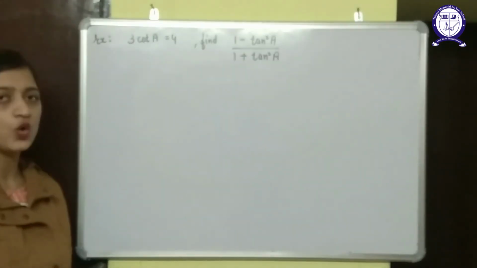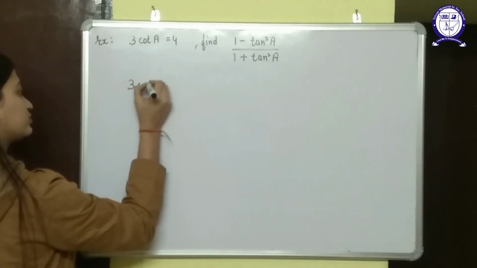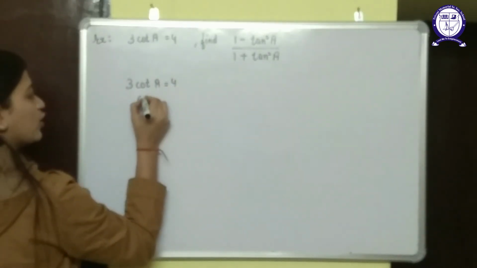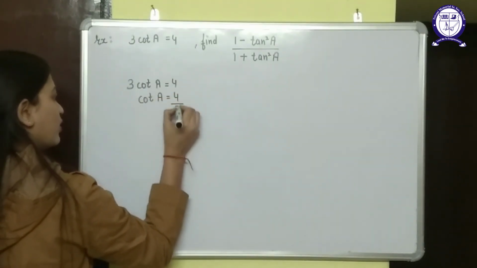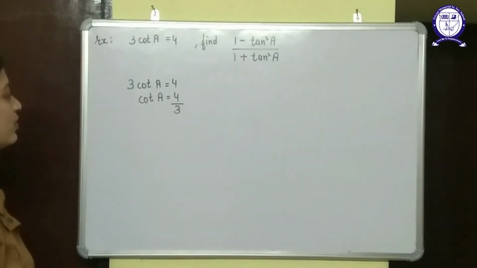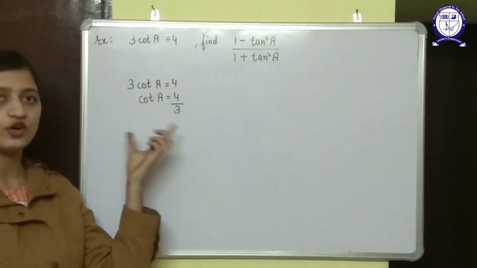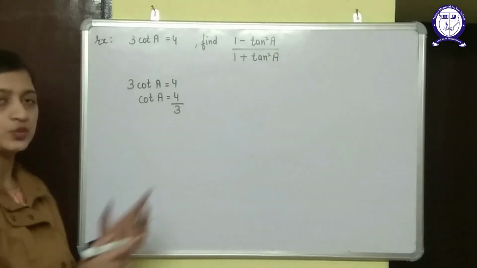This is 3 cot A is equal to 4. So that means cot A is equal to 4 upon 3. Now, similar to the previous question, I can find the values of P and B and the hypotenuse and then do the question.